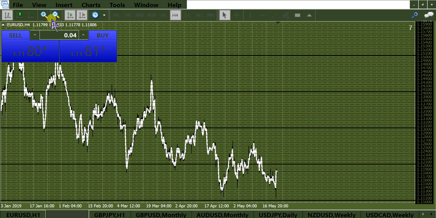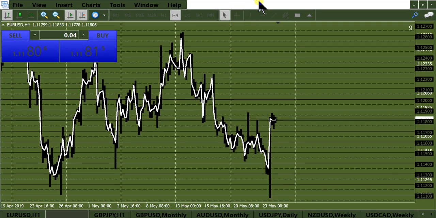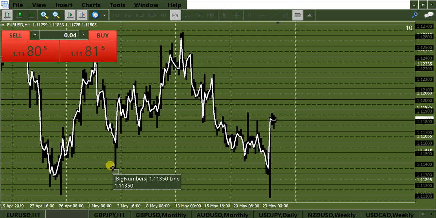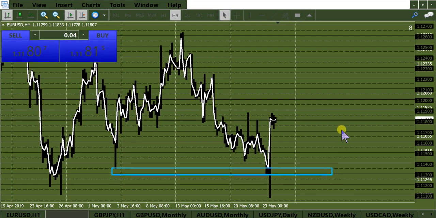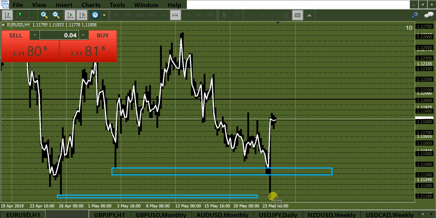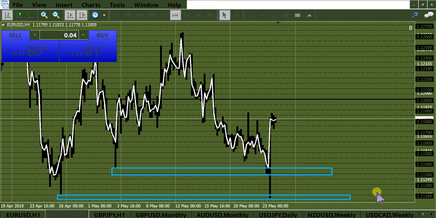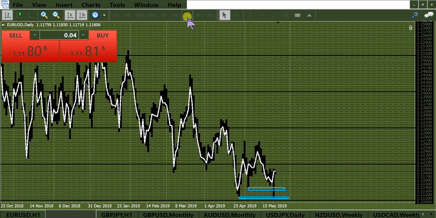Pretty tough. You've got to zoom in. So here was the lonely wick. We rifle through that and we go 4 pips lower, take out the low from April 26th. Bye-bye. Look at that. They just grabbed that.